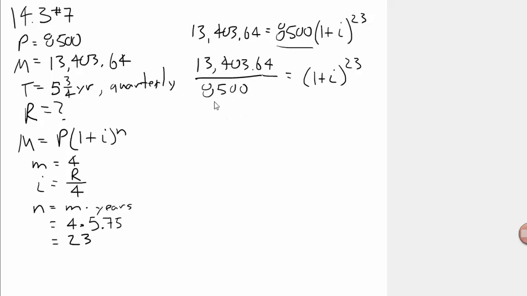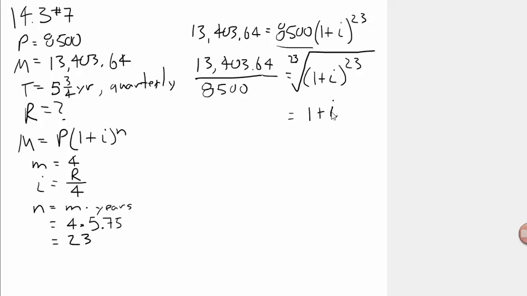Now, this is new. I didn't go over this in class. This is the new part, so watch carefully. If I take the 23rd root of this side, I will be left with 1 plus I, because taking the 23rd root undoes the 23rd power.